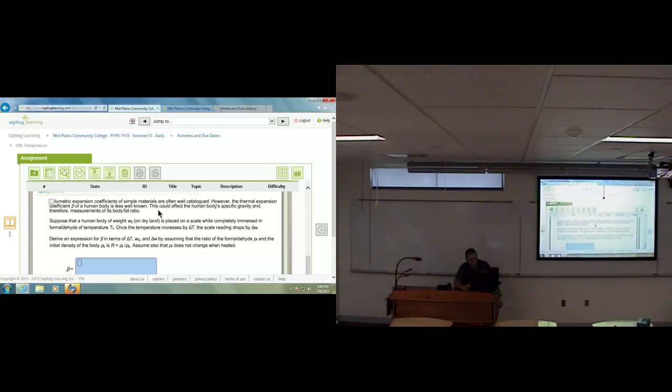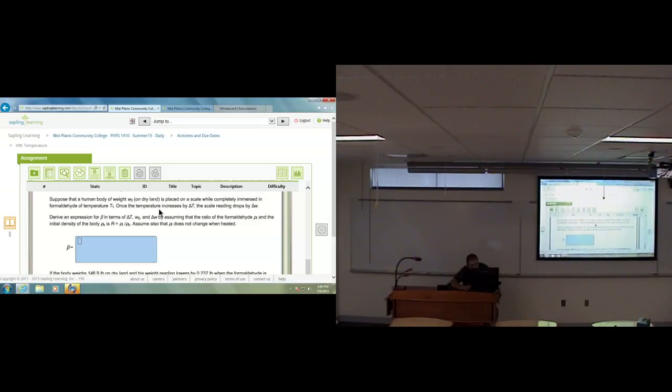Volumetric expansion coefficients of simple materials are often well cataloged. However, the thermal expansion coefficient, beta, of a human body is less well known. It can affect the human body's specific gravity and therefore measurements of its body fat ratio. Suppose a human body of weight W0 on dry land is placed on a scale while completely immersed in formaldehyde at temperature T1.